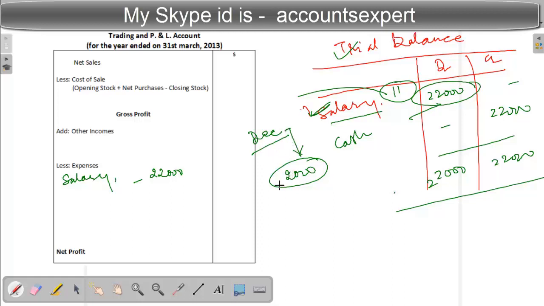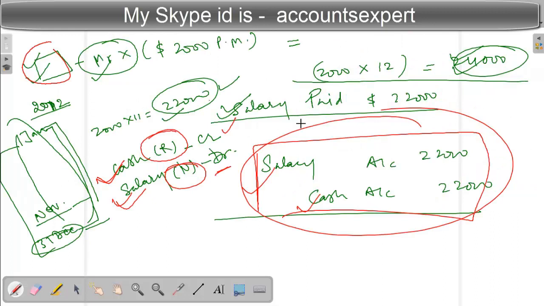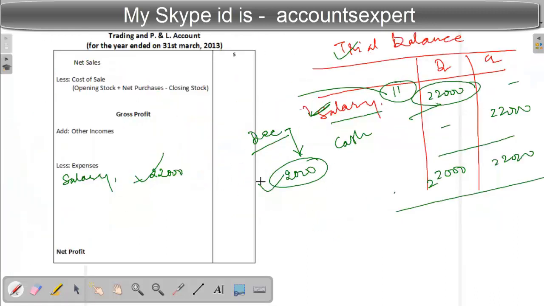Now tell me, is this paid or unpaid? 22,000 is paid. I paid it, isn't it? The entry for this 22,000 I already passed. See here, this is the entry I passed. It means this 22,000 is paid.